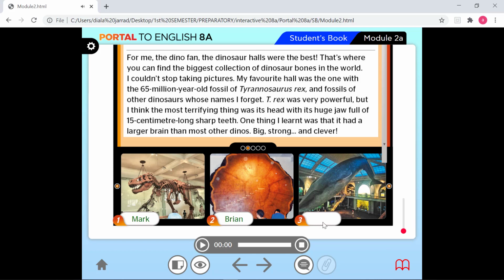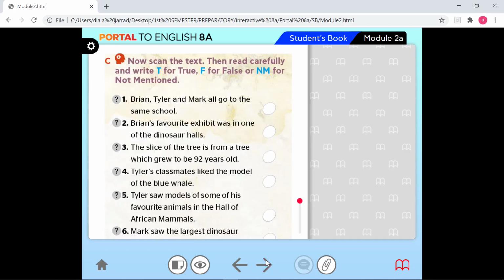And of course the last picture for the giant blue whale, Tyler. Okay, now let's go to the next exercise, which is exercise C. Now scan the text again, then read carefully and write T for true and F for false. T for true, true صحيح يعني. F for false لخطأ. و NM for not mentioned.